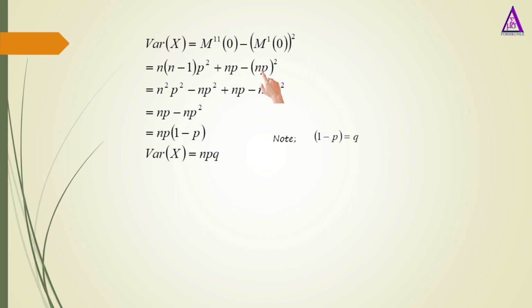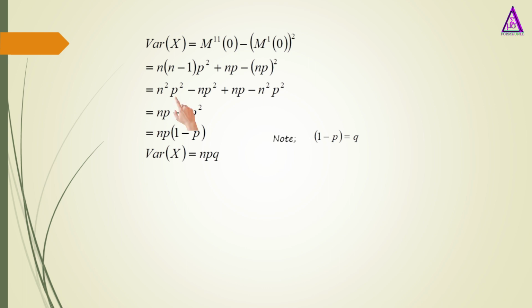So therefore, by calculation, when we multiply this first one by n and p squared, we have n²p² − np². Plus this np minus, when we open this bracket, n²p².